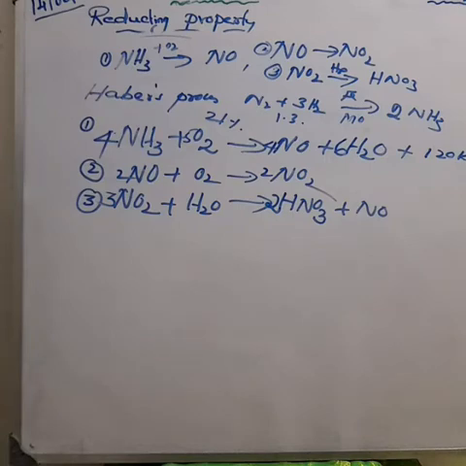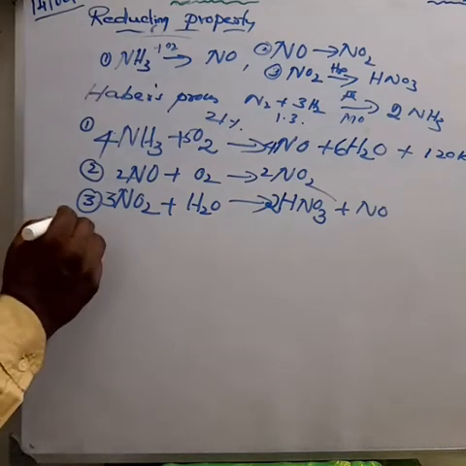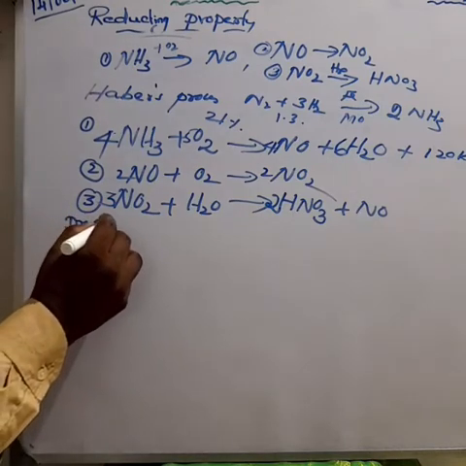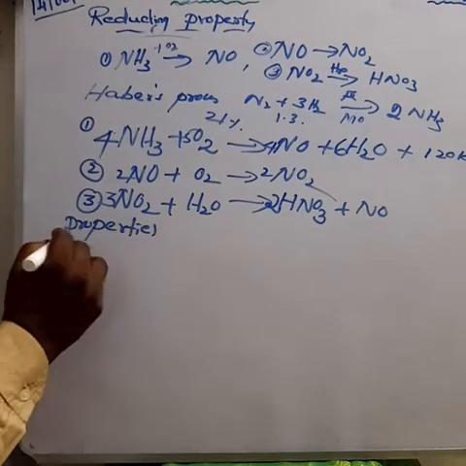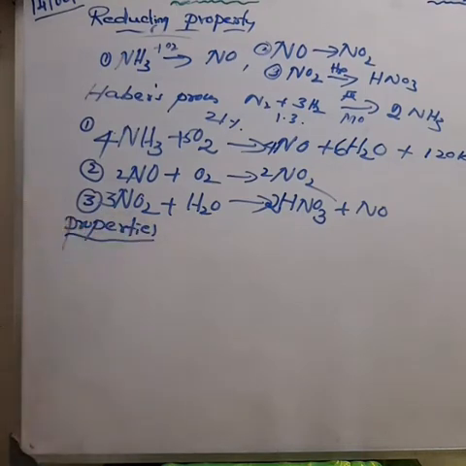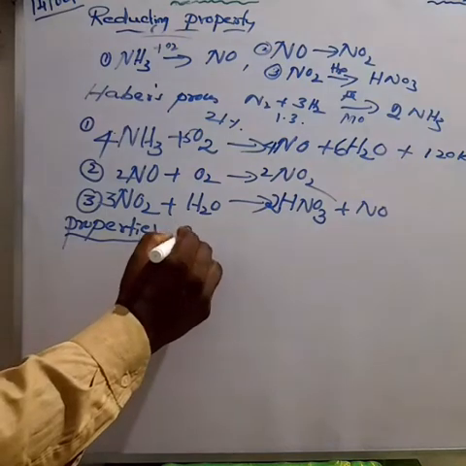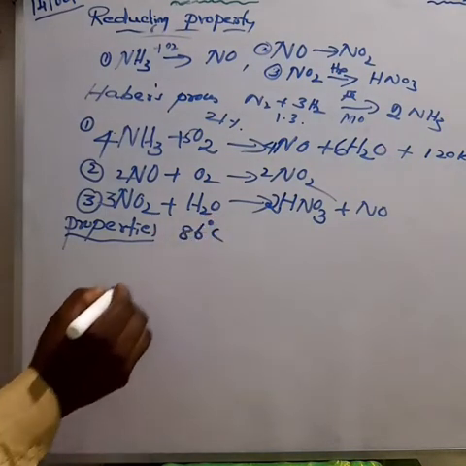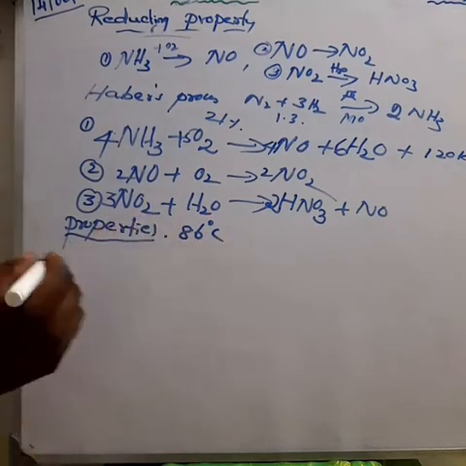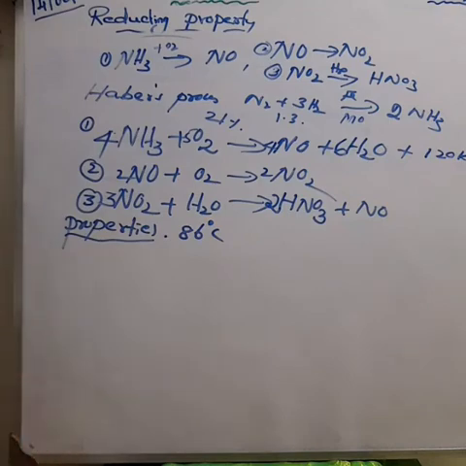Next, what are the properties of nitric acid? First one, we know that it is a colorless liquid. Try to learn the boiling point. It boils at 86 degrees Celsius. It is completely miscible in water.